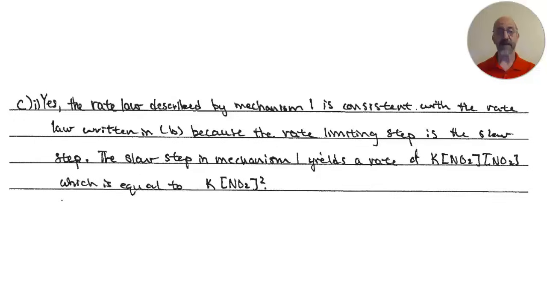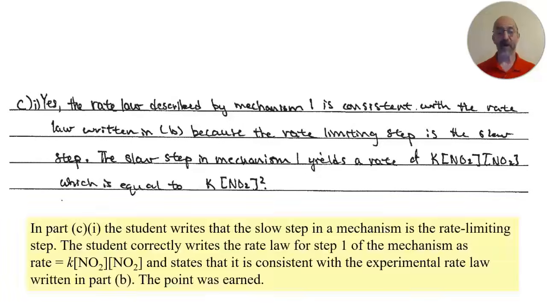The student said, yes, the rate law described by mechanism 1 is consistent with the rate law written in Part B because the rate limiting step is the slow step. And the slow step in mechanism 1 yields a rate of rate constant K times concentration of NO2 squared. And so the commentary about this student response is the following.